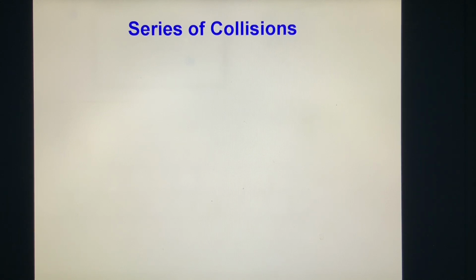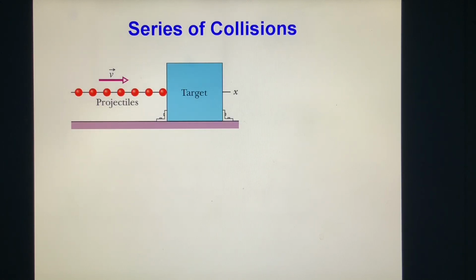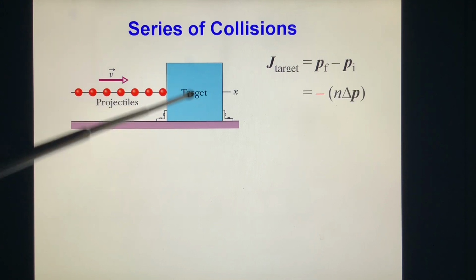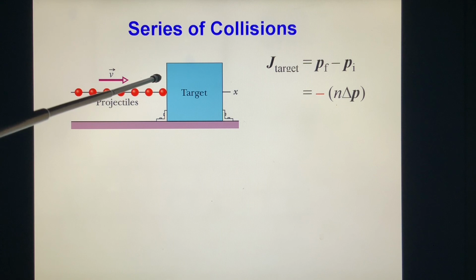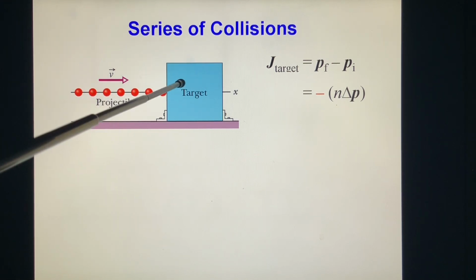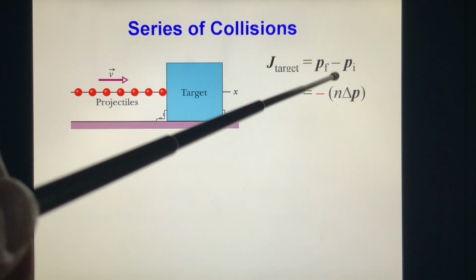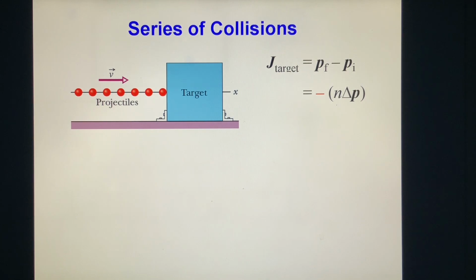Series of collisions. This is a situation where a series of projectiles hit the target with velocity v. Now we see this target is fixed, so this means the projectile either drops or rebounds. For this target we have P final minus P initial equal to minus n delta P. What does this mean?